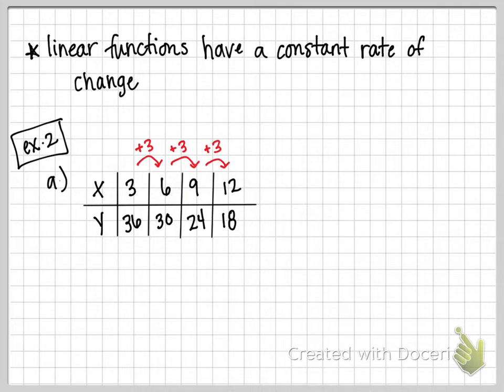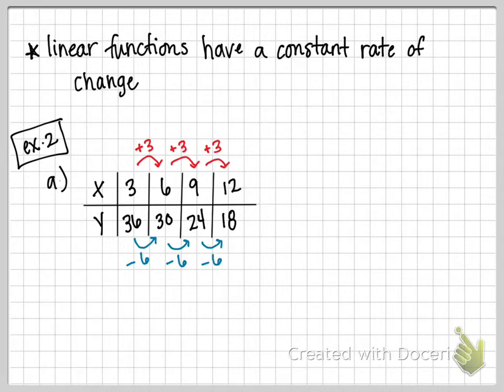In order for this to be a linear function, the y value must also have a constant rate of change. It doesn't have to be going up by 3, but it has to be going up or down by the same amount. Going down by 6 each time. So what's happening between each y value? Minus 6, minus 6, minus 6.